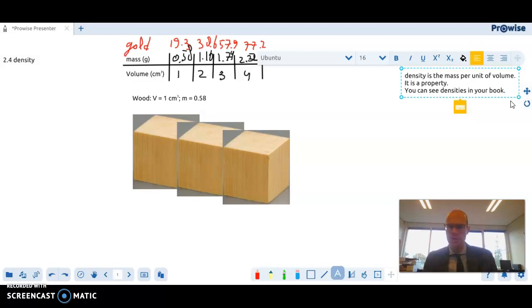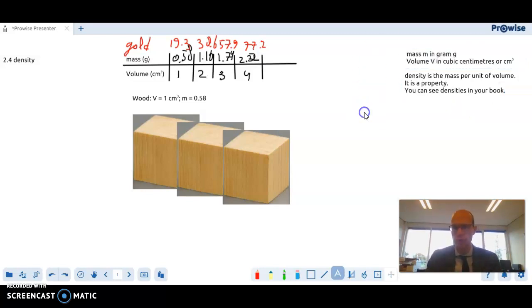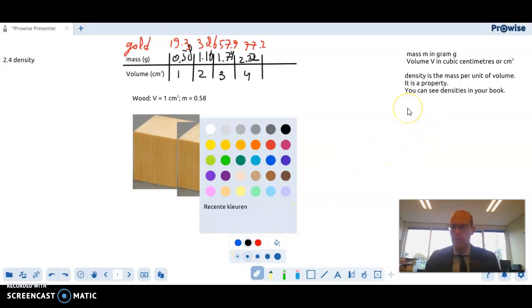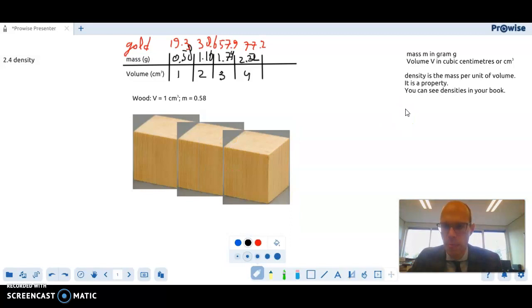And density, if we calculate it, is always the mass over the volume.